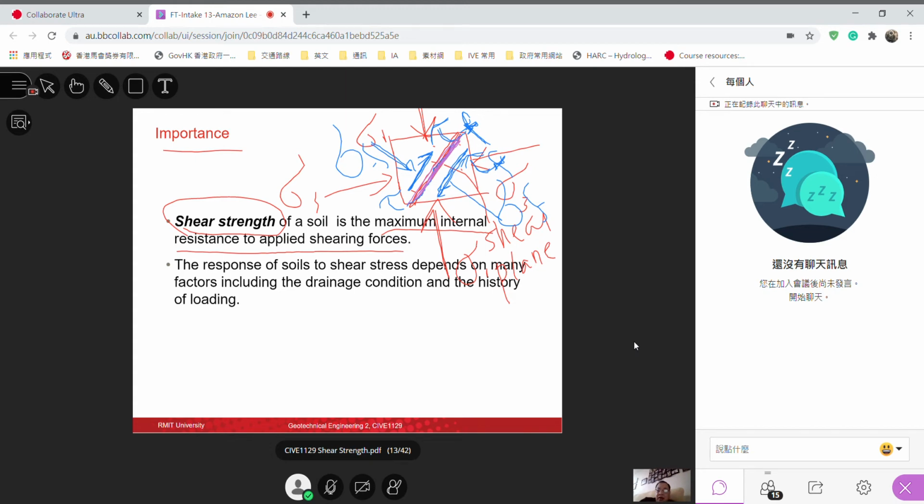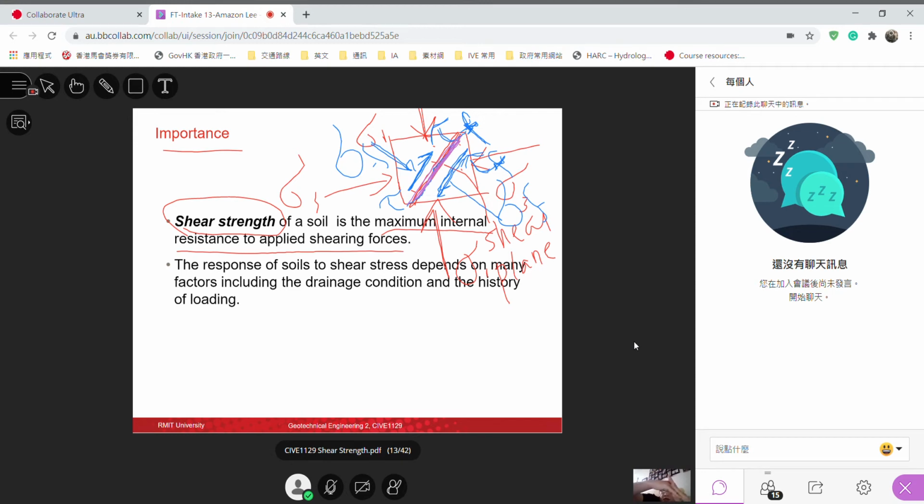The soil is trying to shear by frictional resistance, and if the stress is strong enough to overcome this friction, then the soil particles will slip apart. How strong the soil is depends on how strong the frictional resistance is between the soil particles on one side of the failure plane and the soil particles on the other side of the failure plane.